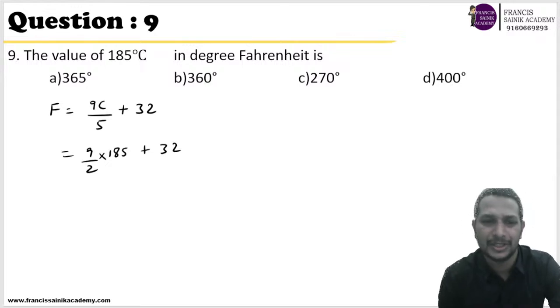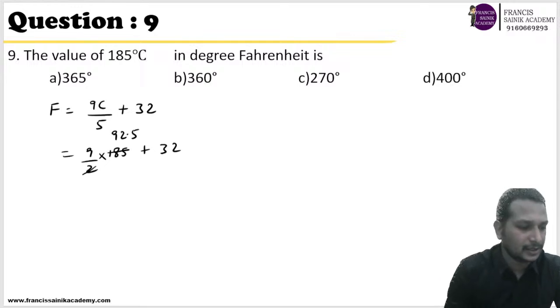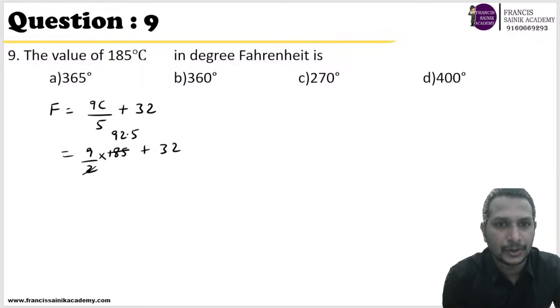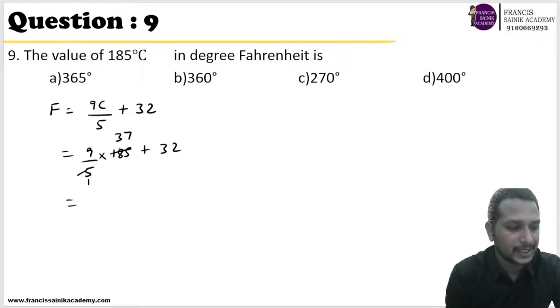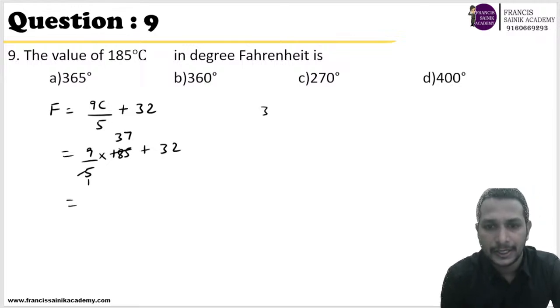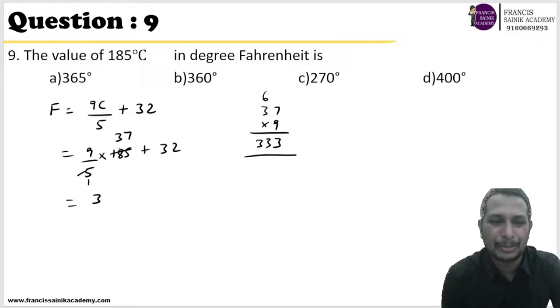According to BODMAS, we need to do the multiplication first, right? So here 9 by 5 times C. C is nothing but 185. 5 table, cancel: 5 ones are 5, 5 threes are 15, 37 left. 9 into 37 becomes how much? 7 nines are 63, and 3 nines are 27, so 333.